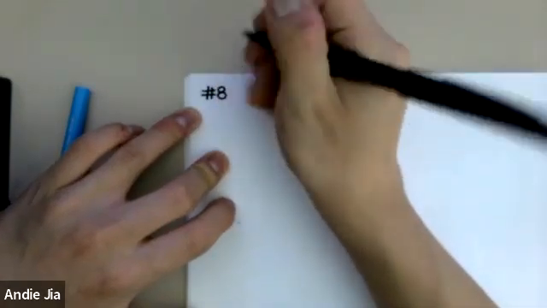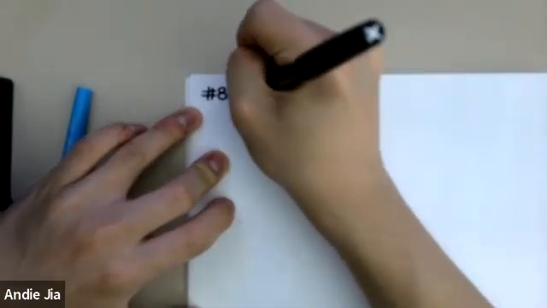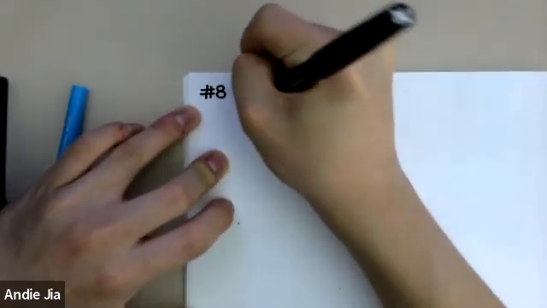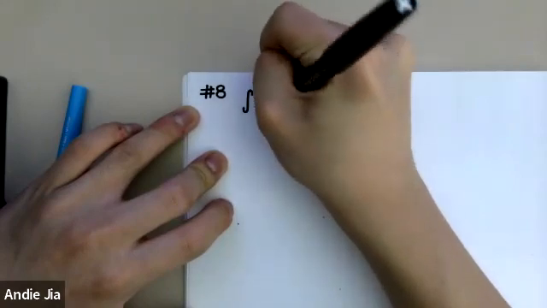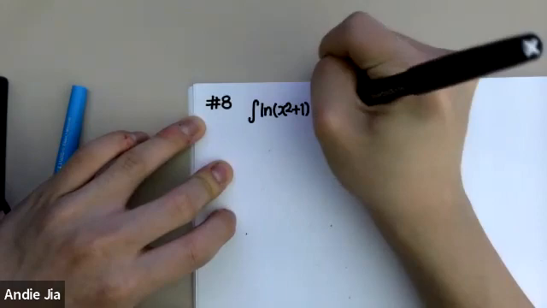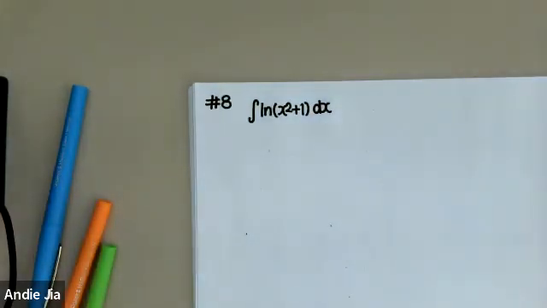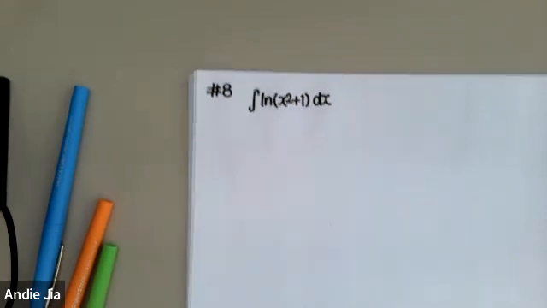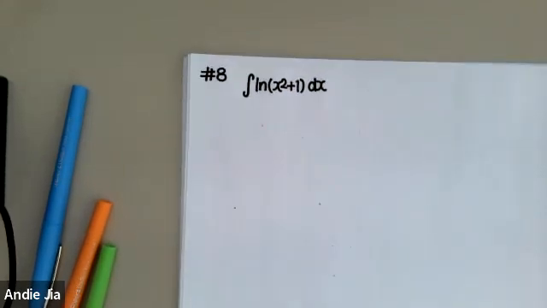This is IBP, and it is the integral of natural log of x plus 1 dx here. So if you ever see a natural log, regardless of what is inside the natural log, use IBP.